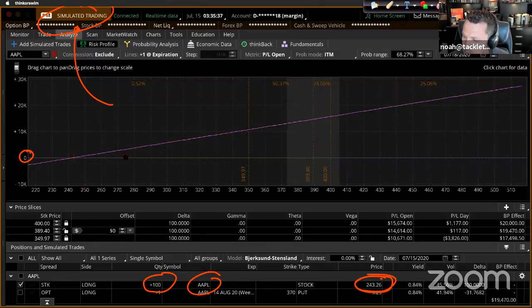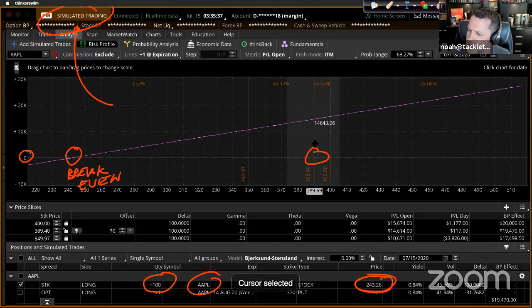This purple line represents the stock. That $243.26, that's the break-even point. And this current stock price is up here just shy of 400 bucks. And that's a $14,600 some odd dollar gain. That's pretty nice, right? Not too shabby.